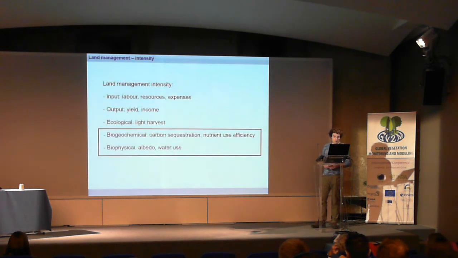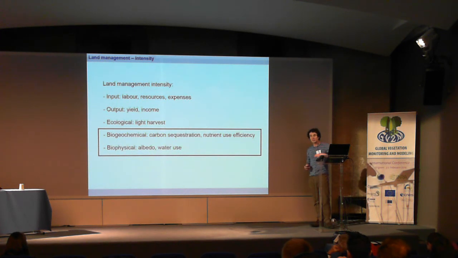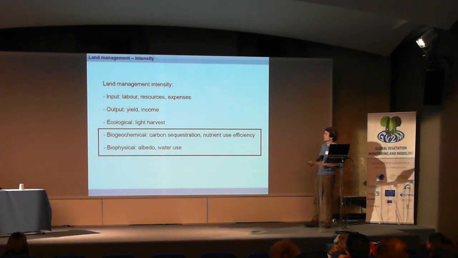So if we talk about management changes, it's hard not to say anything about intensity. And there's a lot of confusion about intensity, and depending on who you talk to, they will use different definitions. And it's just a matter of perspective. You can define intensity in terms of input, how much labor you put in there, how much fertilizer, or how much euros, dollars, like the expenses you make to grow a crop.